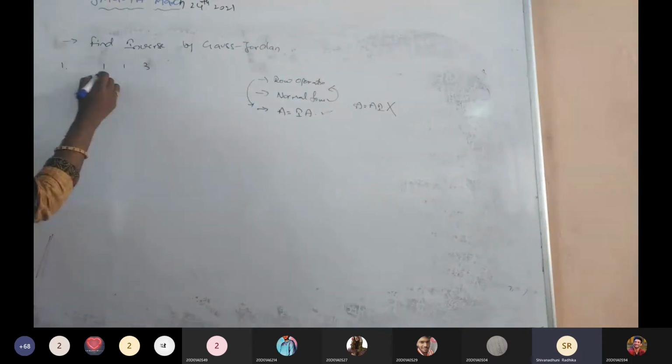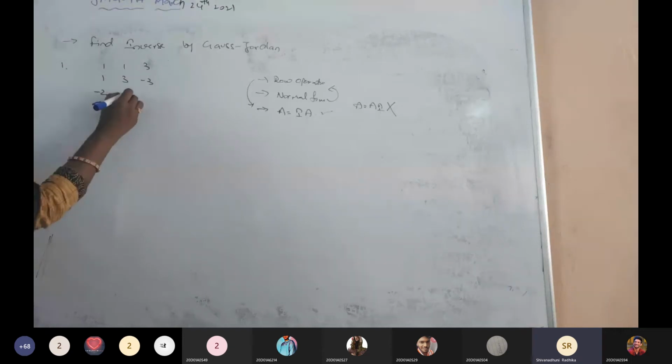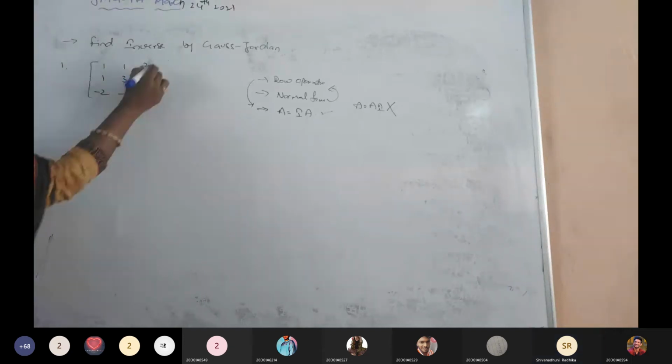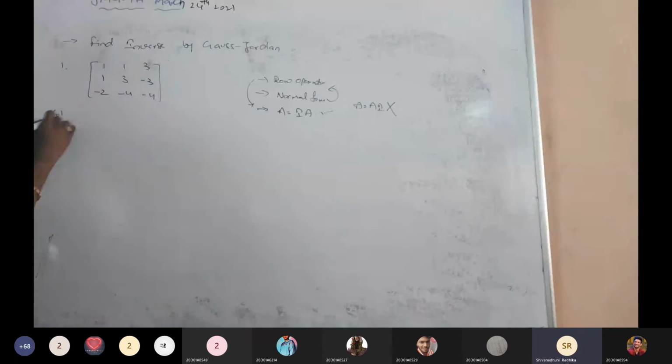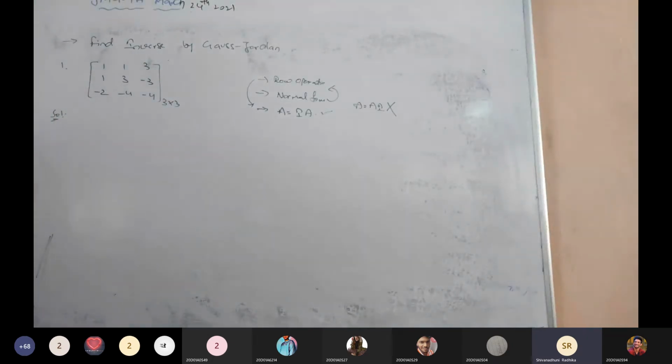Then write the first problem. 1, 1, 3, 1, 3, minus 3, minus 2, minus 4, minus 4. Clear? Then, what is the given matrix order? 3 by 3. And what is the formula of Gauss-Jordan? Capital A equals IA. Then we need to take the I matrix order.